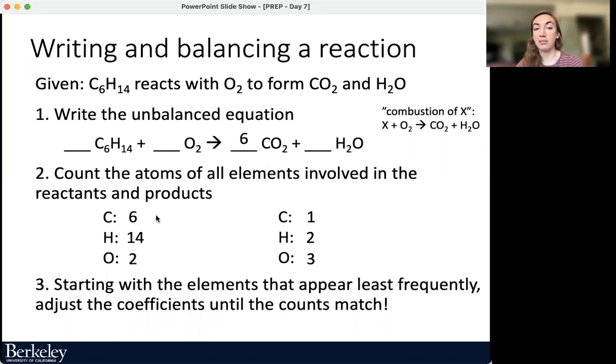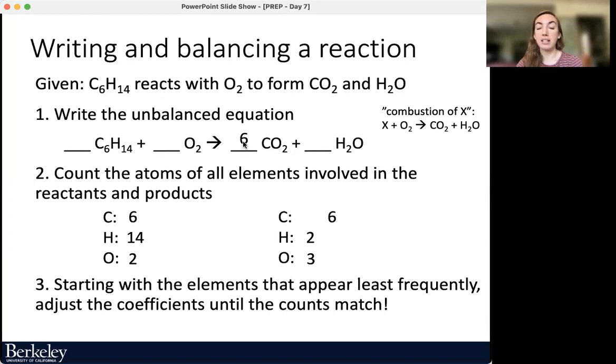So now, if I totally redo my counts, because I've changed my number of CO2 molecules, nothing on the left side has changed yet. But on the right side, I now have 6 carbons. So that's nice, my carbons are balanced. But CO2 also has oxygen in it, so I need to change my count of oxygens too.